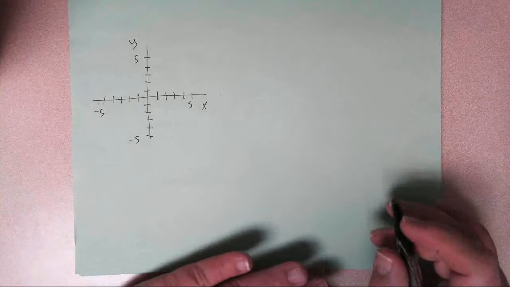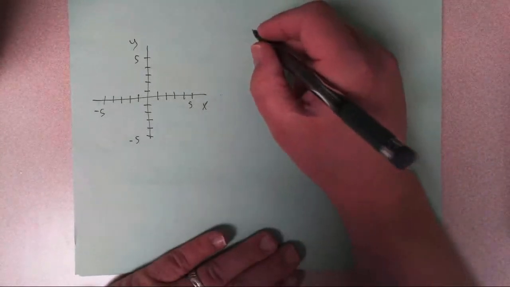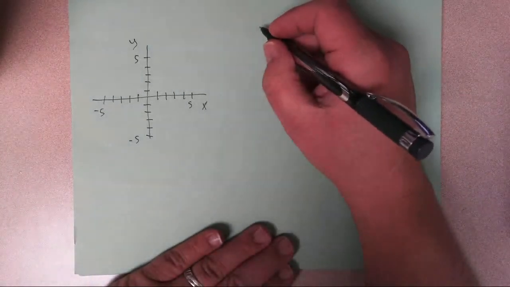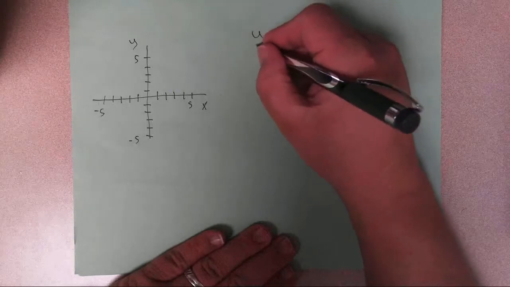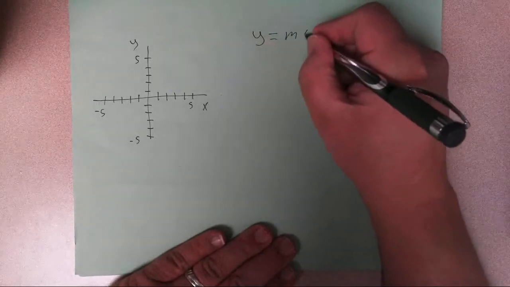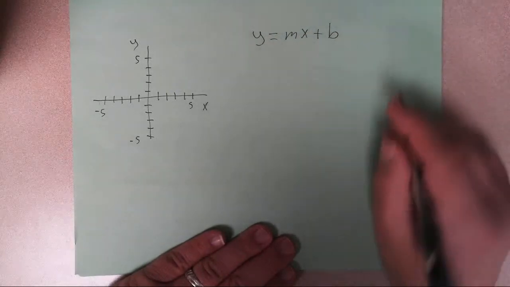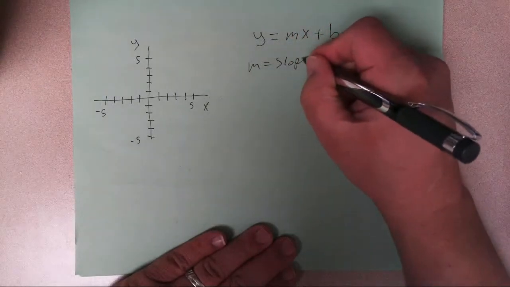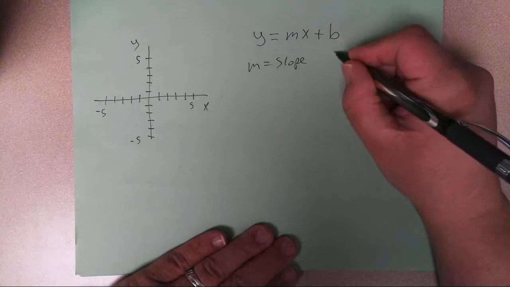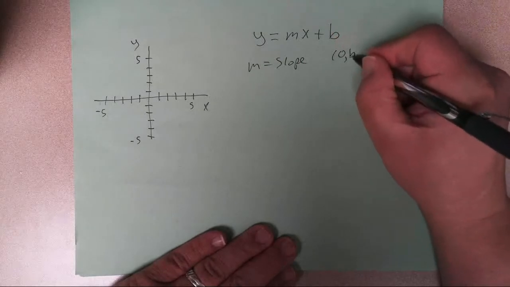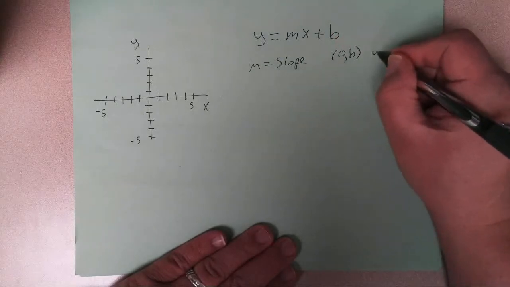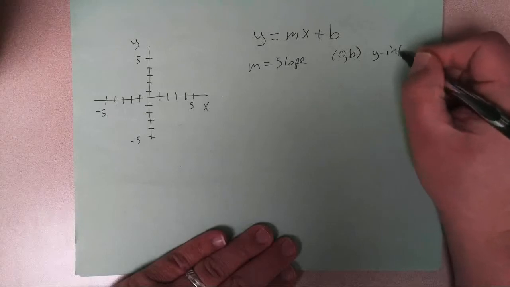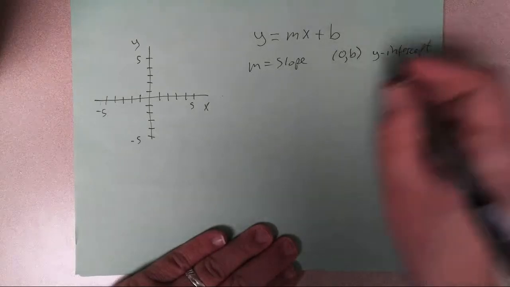The lines that you'd graph in algebra are of this form: y equals mx plus b. This is where m is equal to the slope of a line, and b is the y-intercept. Let me explain what this means.